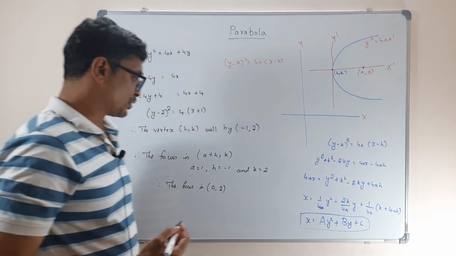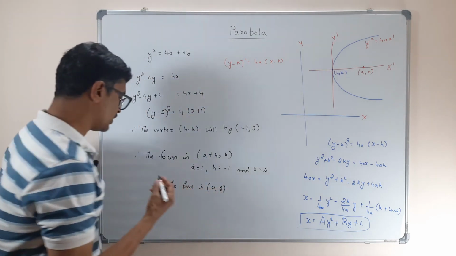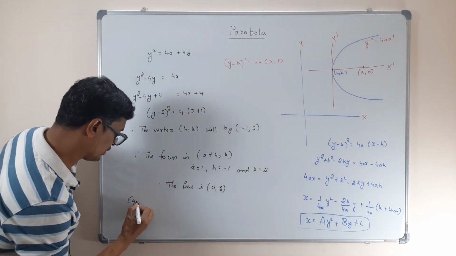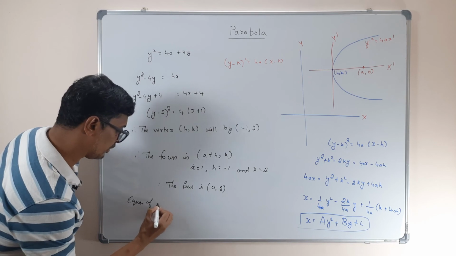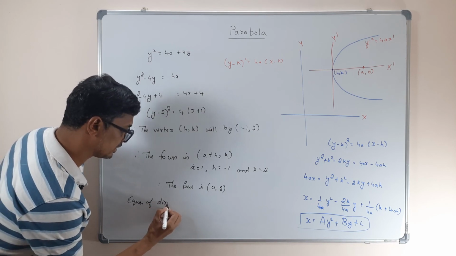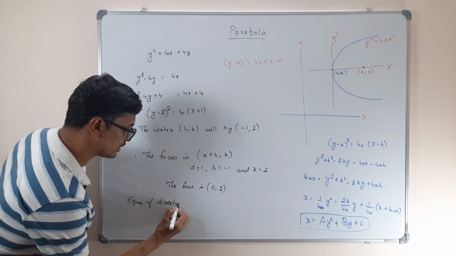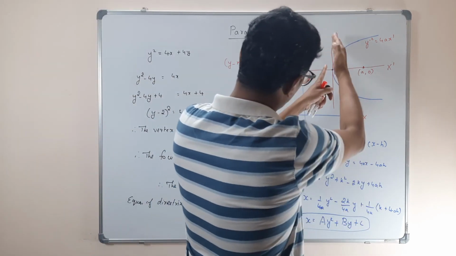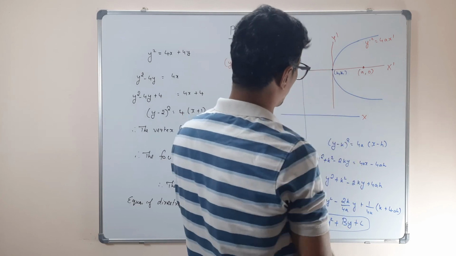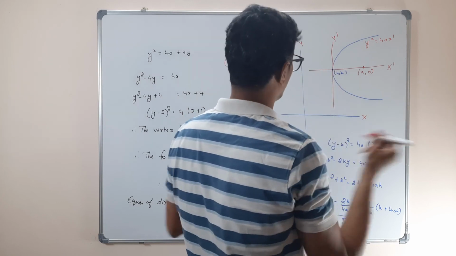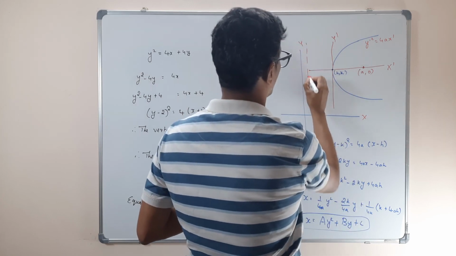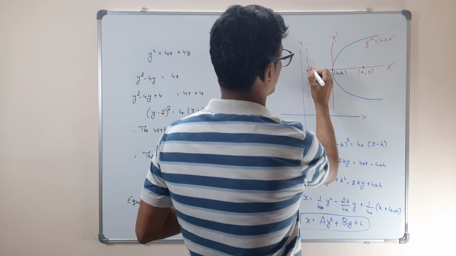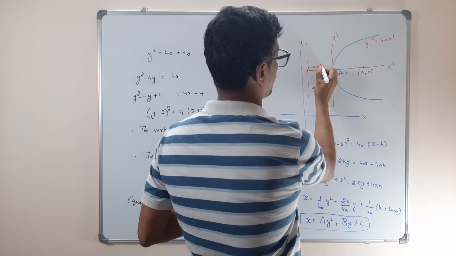And now the last question, the equation of the directrix. Okay, so remember, what is the equation of the directrix? Okay, sorry, this is not the equation of the directrix. You have it here, am I right? Of the same length here. So this is going to be minus a comma 0, right?